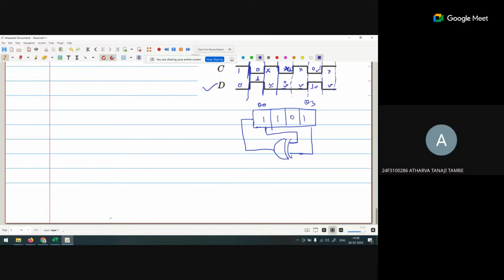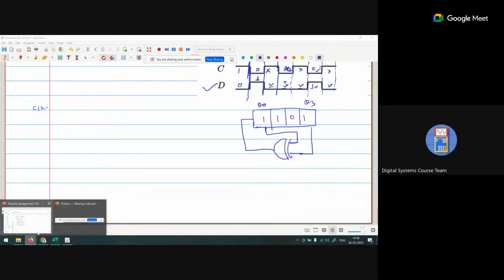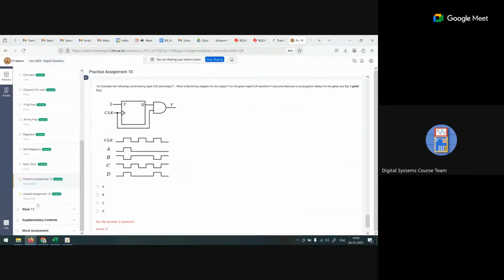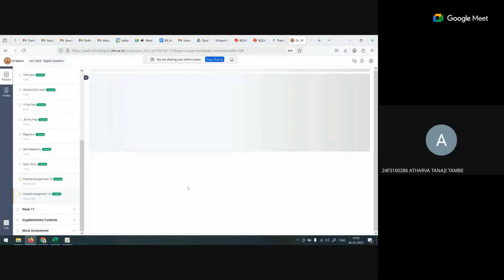So how many clock pulses will be required? The answer I got was 10, but in the options it is not showing that. The options are 9, 11, 15. Question number six in the graded assignment.